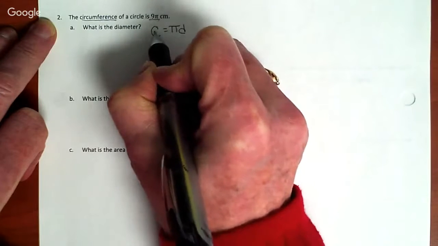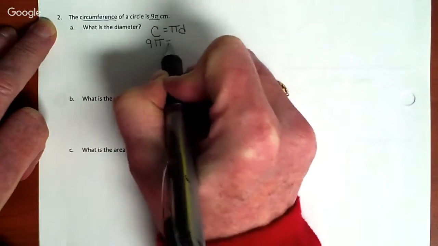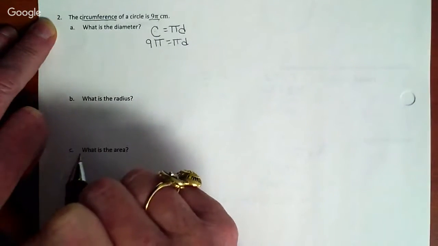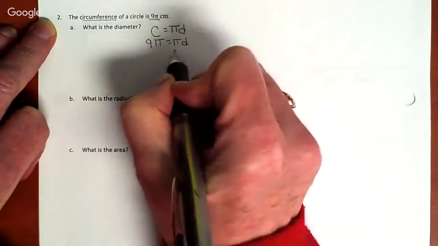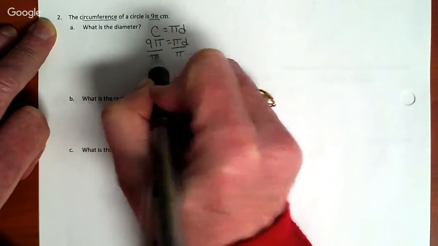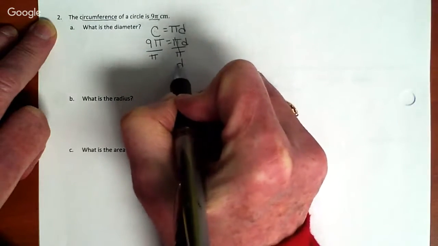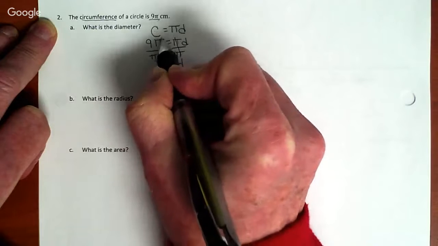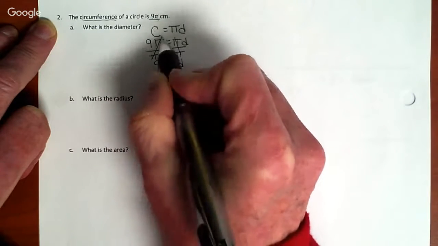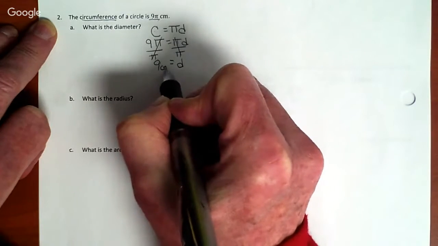It's telling us the circumference, or c, is 9 pi. So we replace that. Dividing both sides by pi, remember, our pi's cancel. We have d on this side, which means we have 9. So our diameter is 9 centimeters.